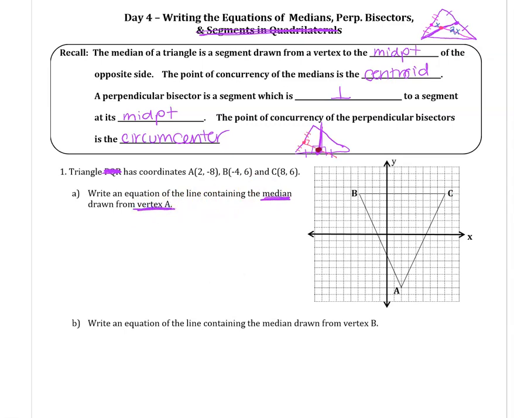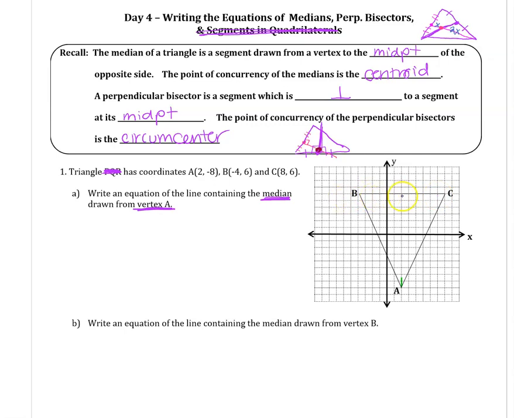Okay, so again, median is when you find the midpoint and then you draw it to the opposite vertex. In this case, they're referring to vertex A, which then would mean I want the midpoint of BC. Okay. So I'm going to locate the midpoint of BC, and you could either use your midpoint formula or just count it out.